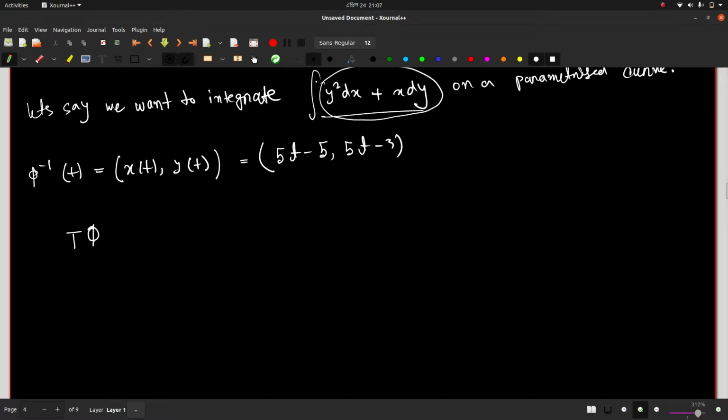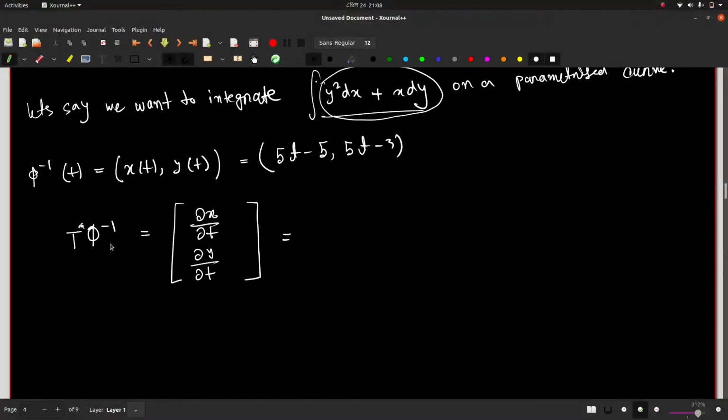That means this t star phi inverse 1, whatever. And this is pretty easy, you already know what it is. This is just the partial derivatives in column matrices, and this is just 5 times 5, because you are dealing with a form and a form will eventually act on vectors. So that's why you need to have this pullback mapping.